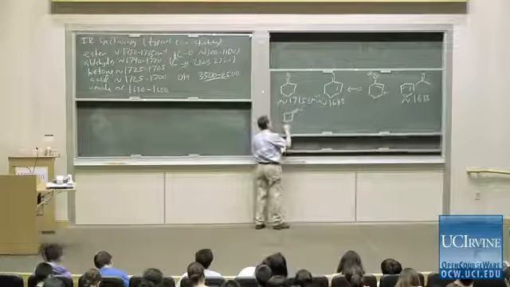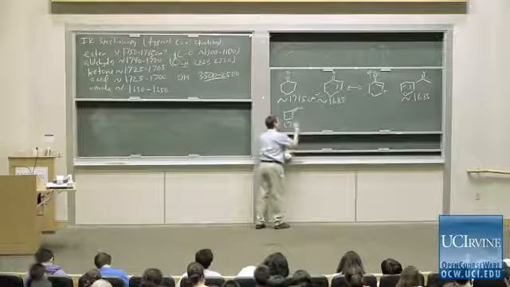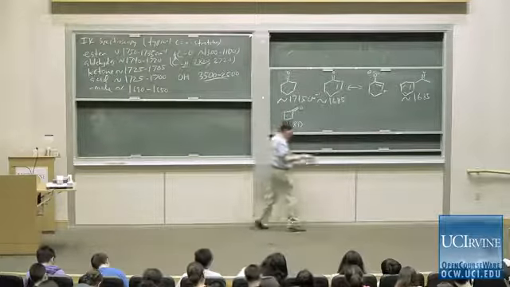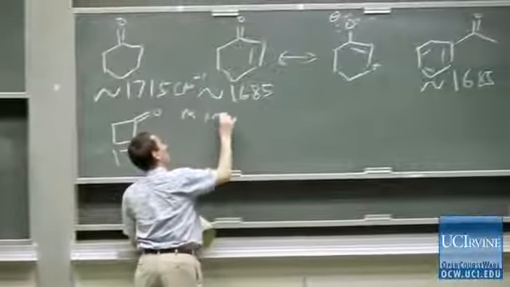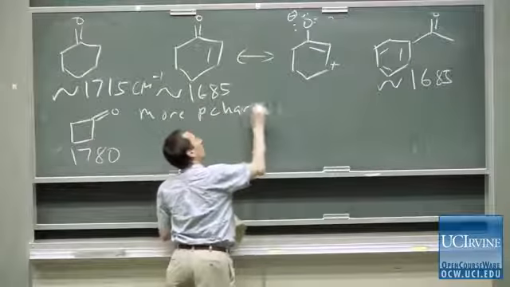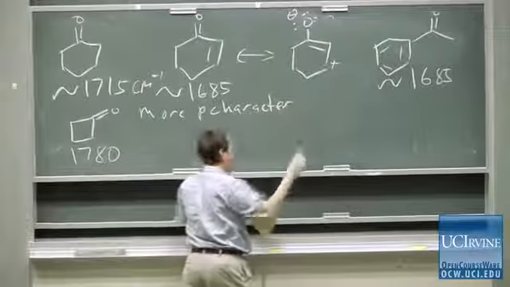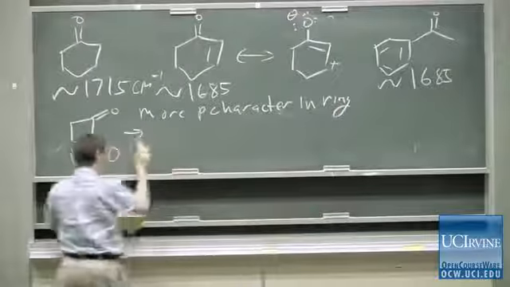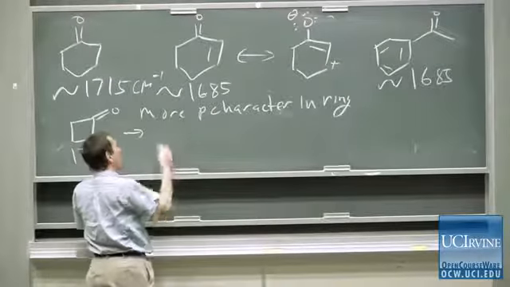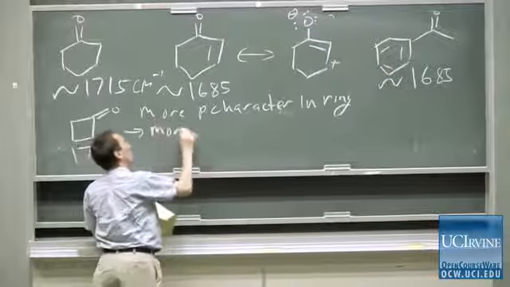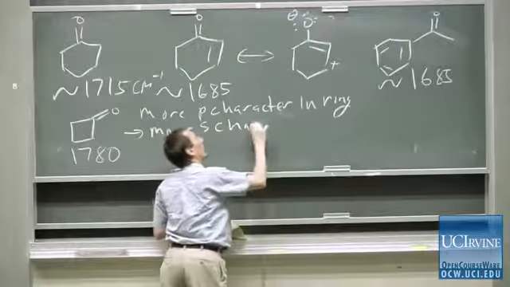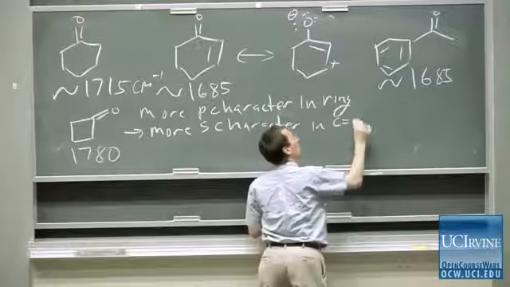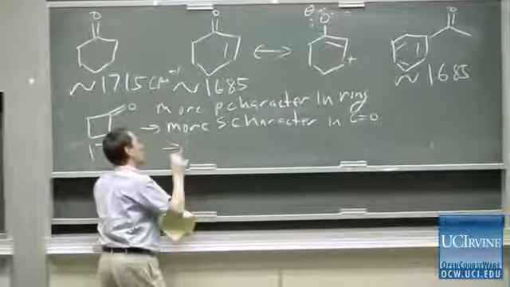So cyclobutanone ends up having a stretching frequency of 1780 wave numbers. And I'll just jot this down: more p character in the ring leads to more s character in the CO bond, and that leads to a stronger CO bond.